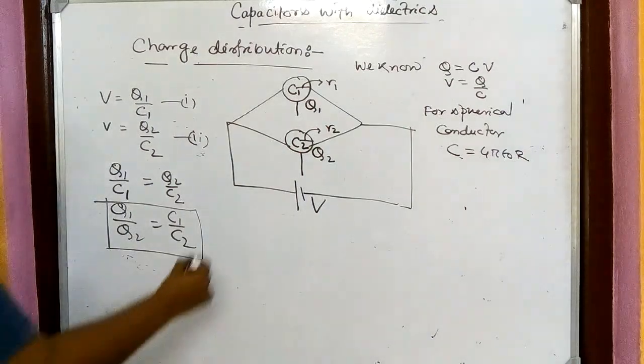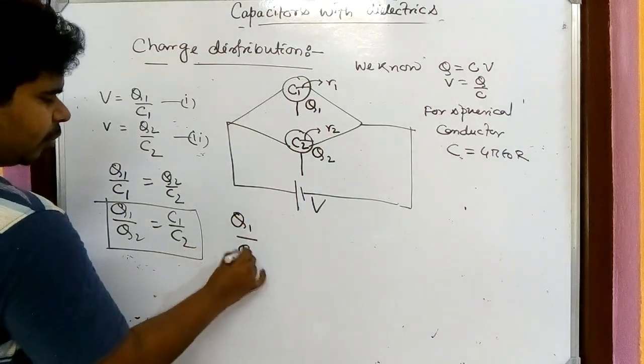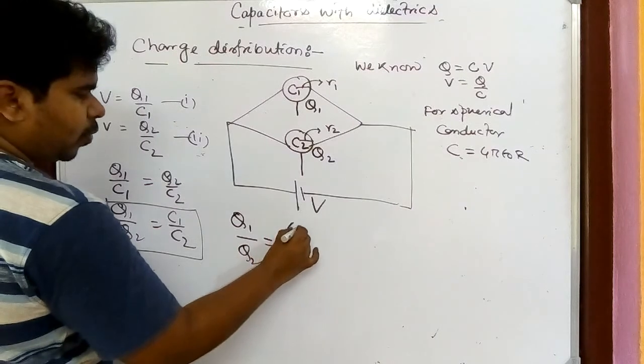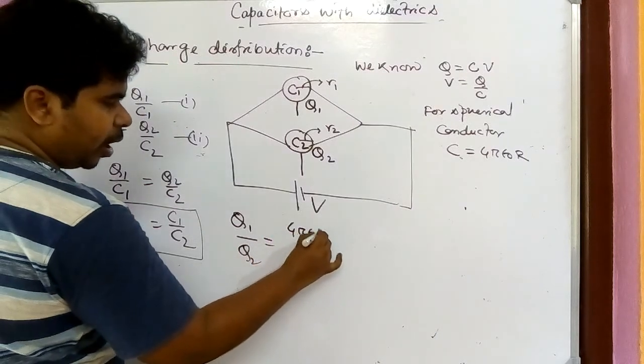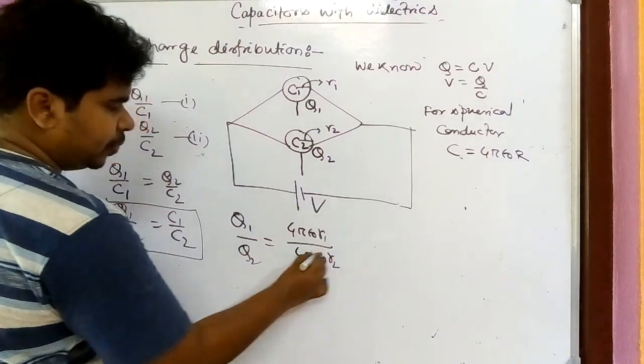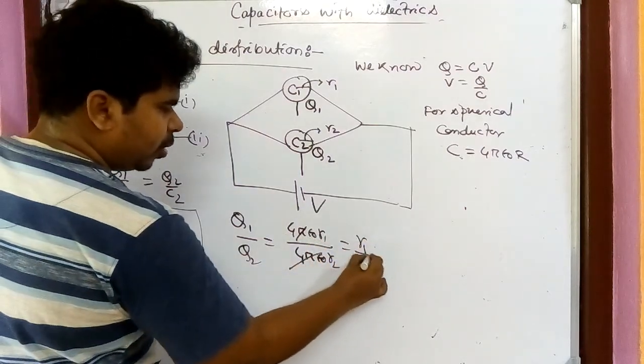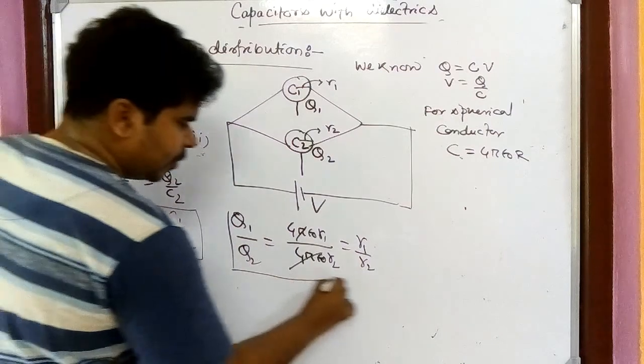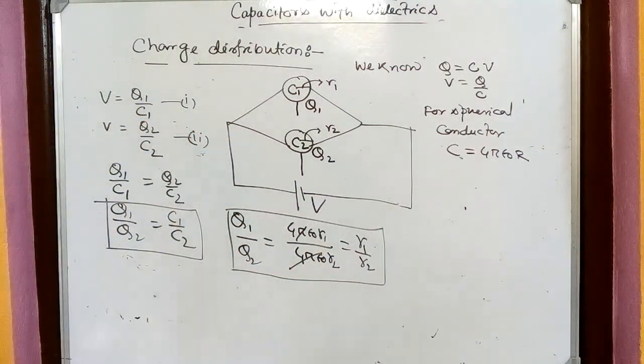So Q1 by Q2 equals 4 pi epsilon naught R1 by 4 pi epsilon naught R2. So it is R1 by R2. Here is one another thing, that charge is distributed in the ratio of the radii of the spheres.